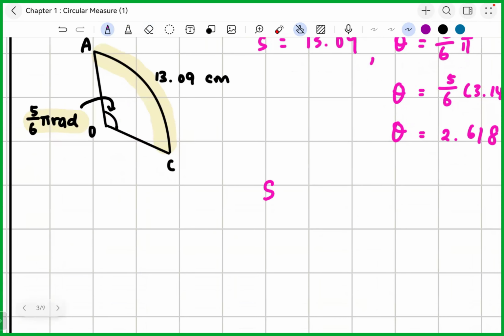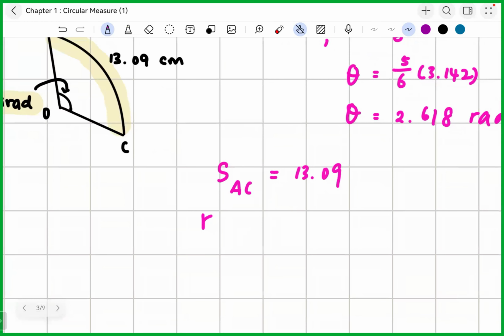So we know that the arc length of AC equals 13.09. What is the formula of arc length? S equals r theta. R we have to find, so we put it as r, and theta is 2.618.